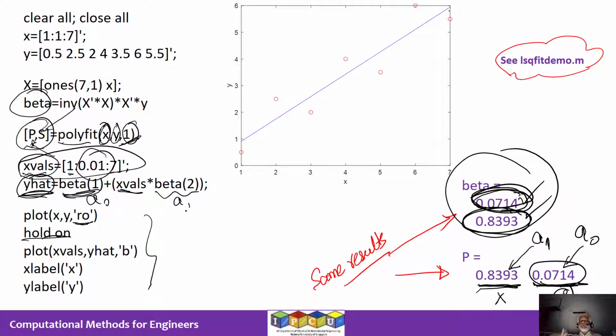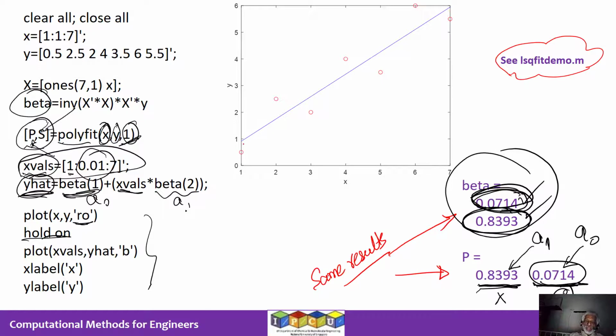The idea is no other line will have the same low value of J. This is the line that will have the smallest sum of squared errors. Any other line will have a higher value of J.